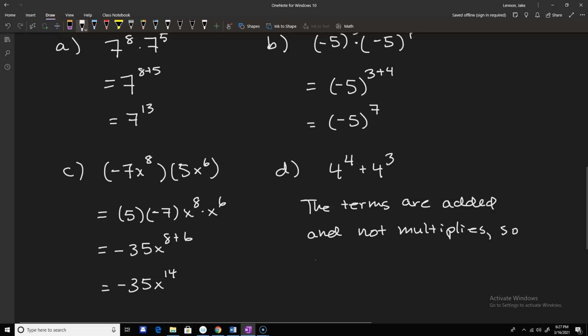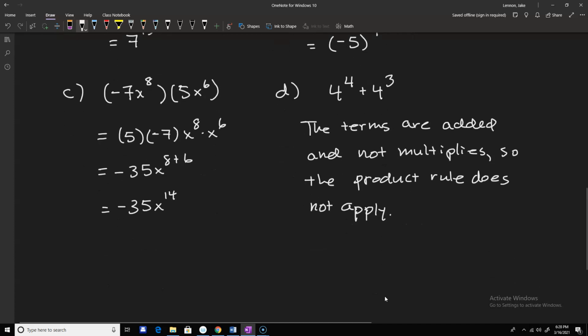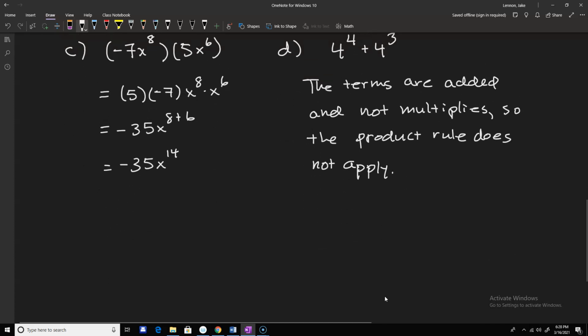So the product rule does not apply for this example. We might be able to do something with that a little bit later when we look at factoring, but not at the current moment. Okay, so let's go ahead and talk about the power rule.